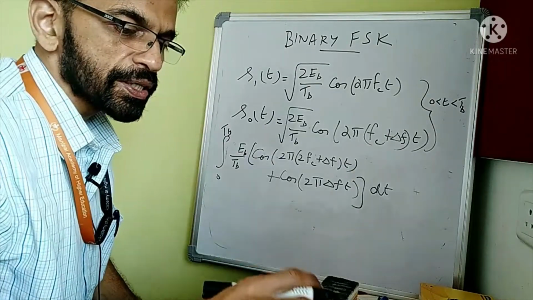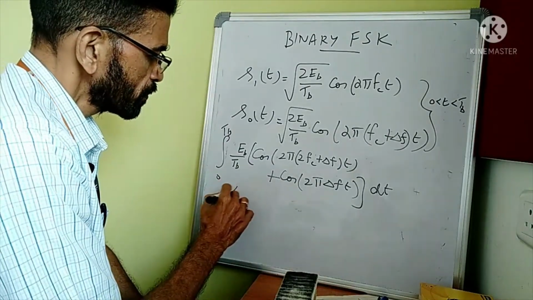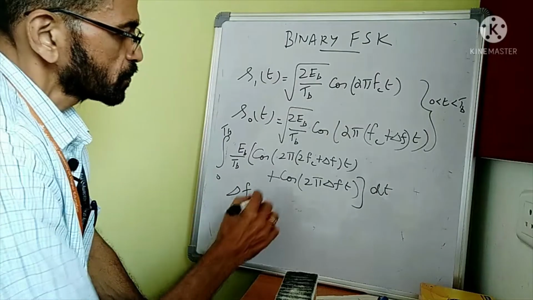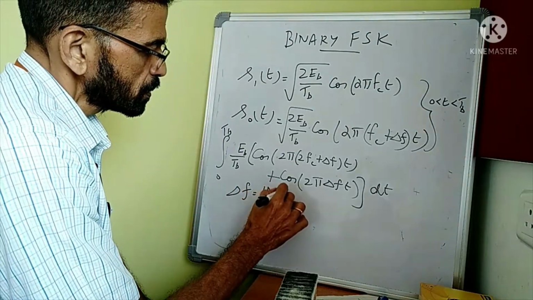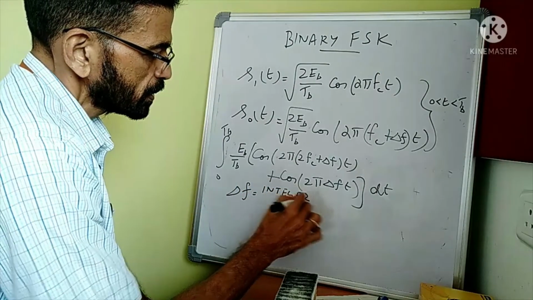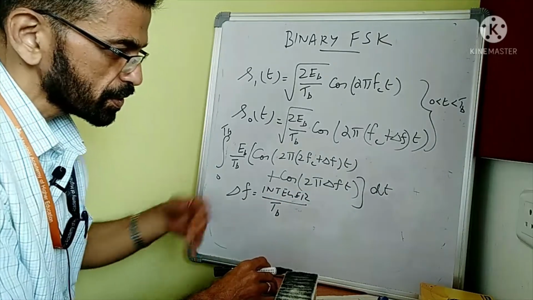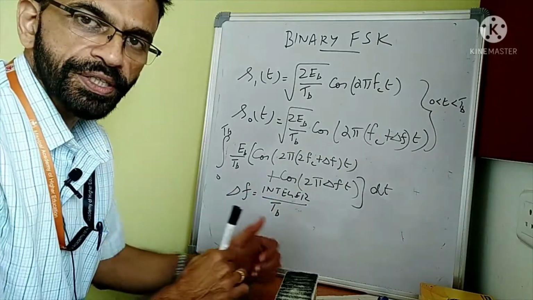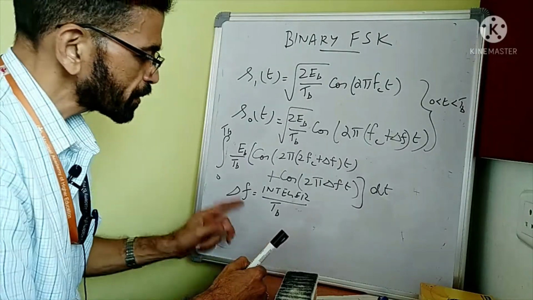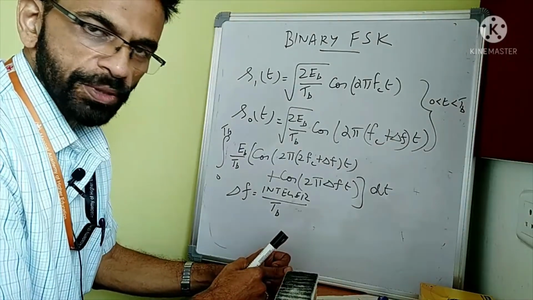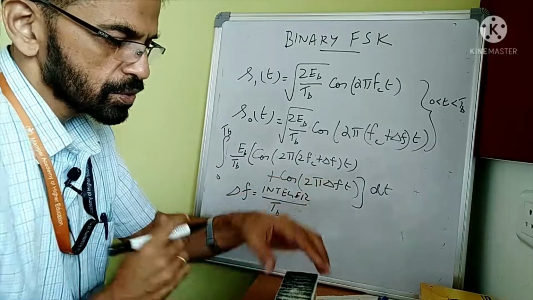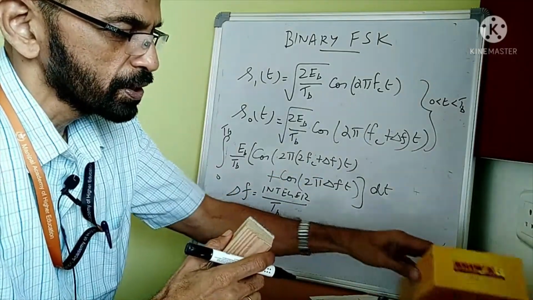And we can see that if delta f is an integer times 1 by TB, and remember that fc is already an integer times 1 by TB. If delta f is also an integer times 1 by TB, then this correlation coefficient will be 0.